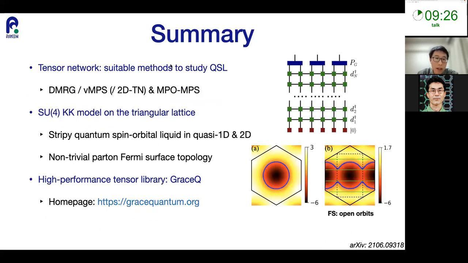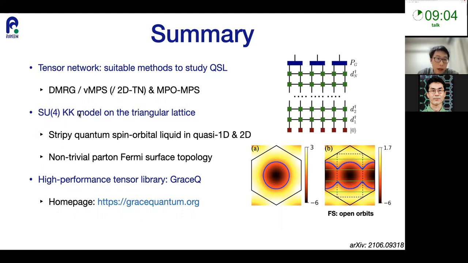Okay, finally, let me summarize the talk. I introduced the tensor network related measures used in our study, and I also discussed why a tensor network related measure is suitable to study quantum liquid.